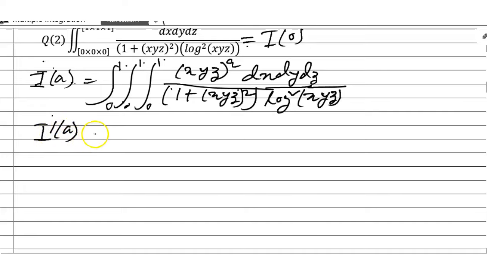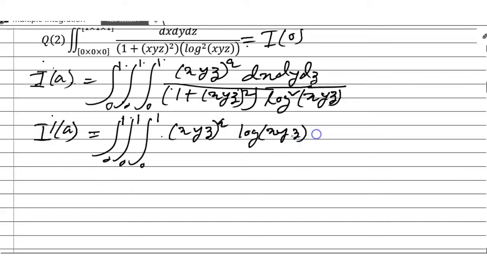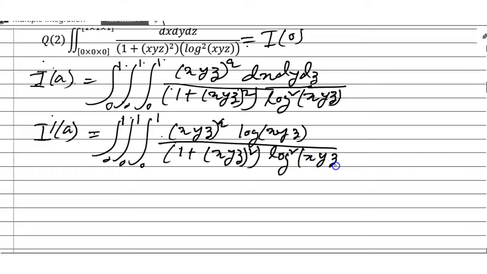And now I just differentiate this portion, so whatever I get, 0 to 1, and 0 to 1, and 0 to 1, and the derivative of xyz to the power a with respect to a is log xyz divided by 1 plus (xyz) whole square into log square xyz, and this portion cancels, so it would be log xyz.